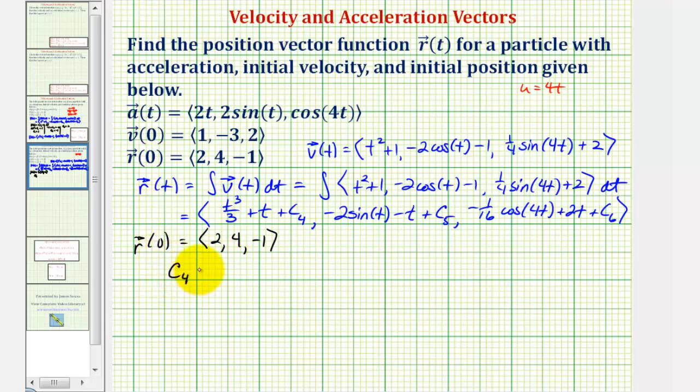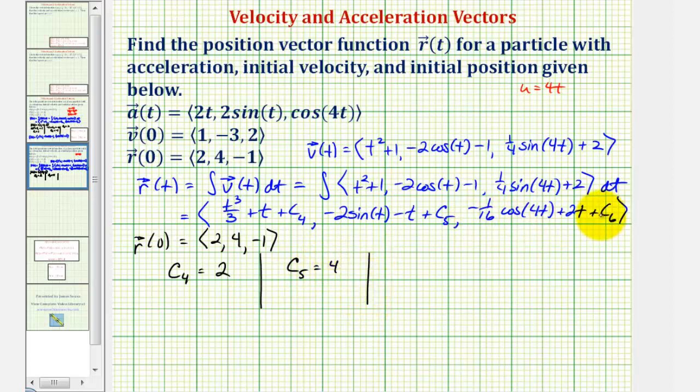So we know c sub 4 equals 2. Looking at the y component, if t is 0, we have sine 0 here, which is 0. So we have 0 minus 0 plus c sub 5, which must equal 4. So c sub 5 equals 4.